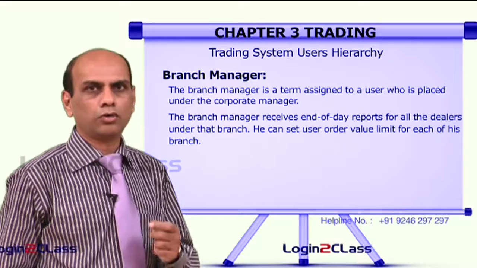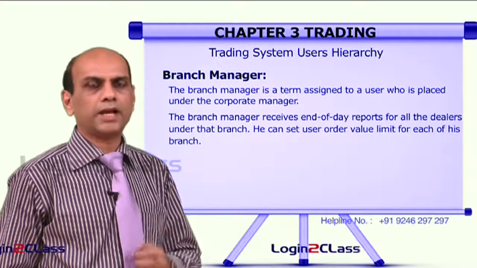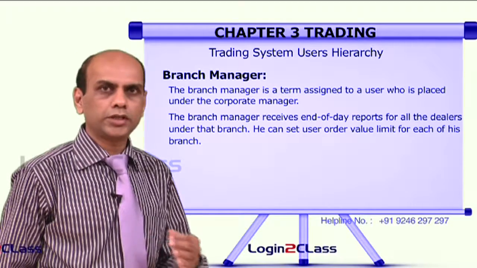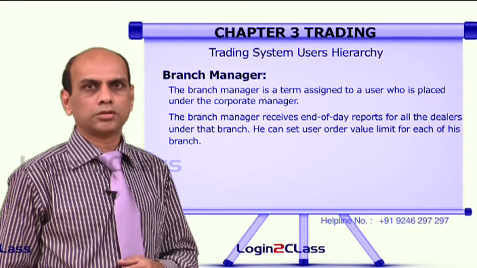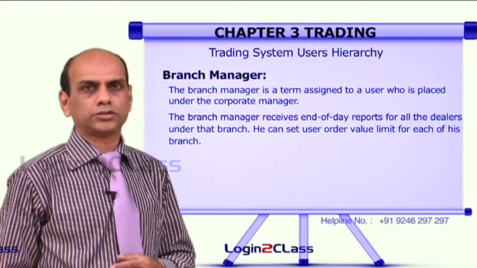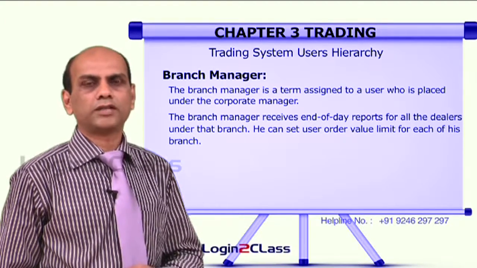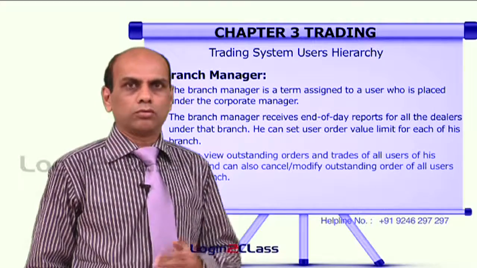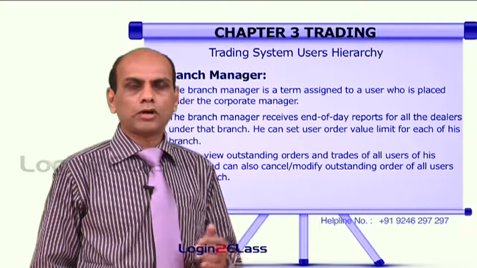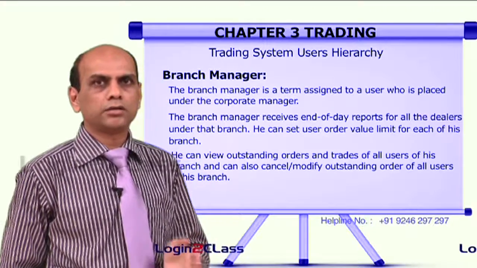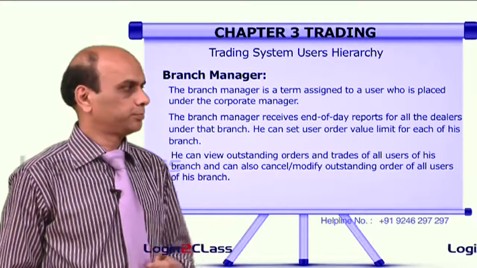So, he has full control of the operations of the branch, of the orders that are being placed by the branch, the outstanding orders of the branch and all the activities of the branch. In addition to that, he can set the limits for all the branches under him. He can also modify or cancel the orders which are being placed by the dealers under him.